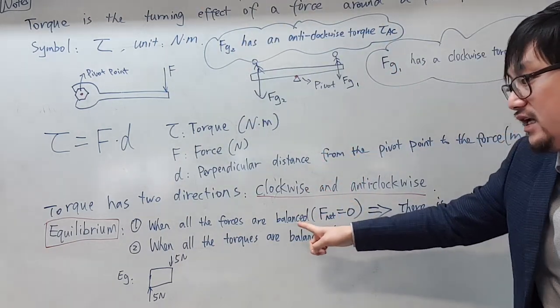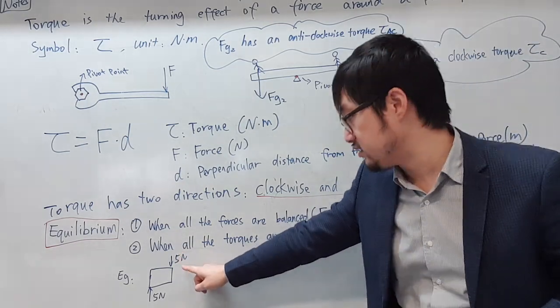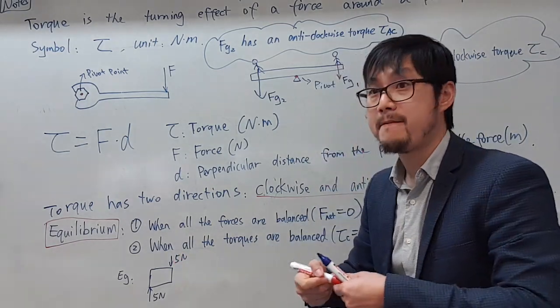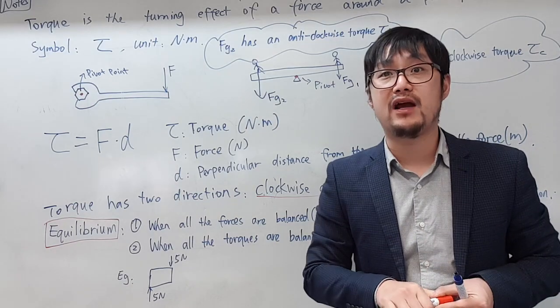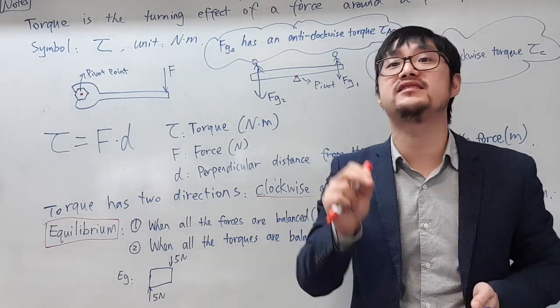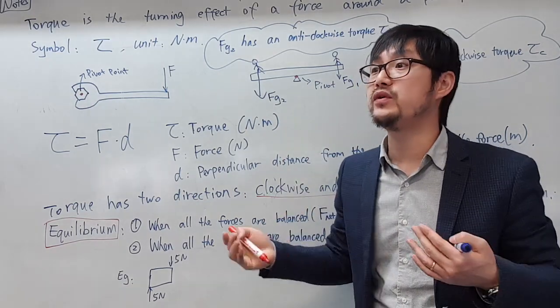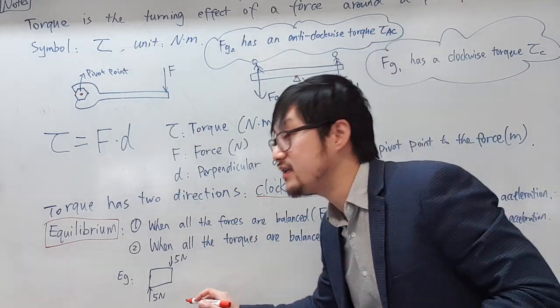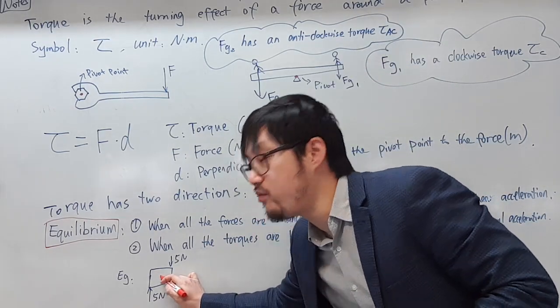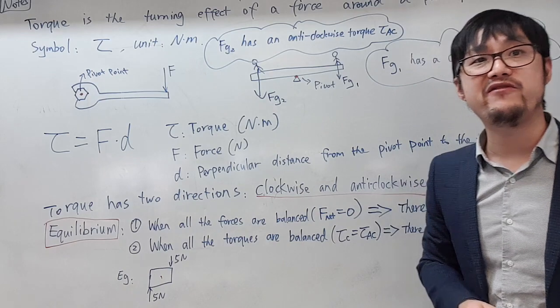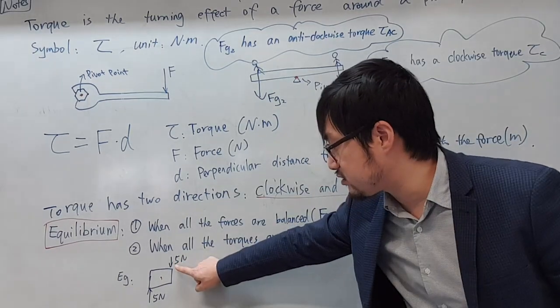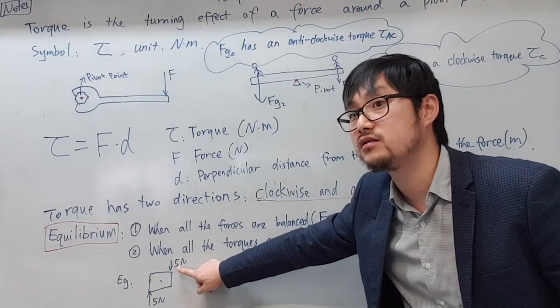But you can see the torque is not balanced. By the way, sometimes you can decide where the pivot point is, because the pivot point is just something we use to analyze. I can say, let's say this is the middle point. Normally the center of mass is going to be the pivot point. So what kind of direction is this torque?